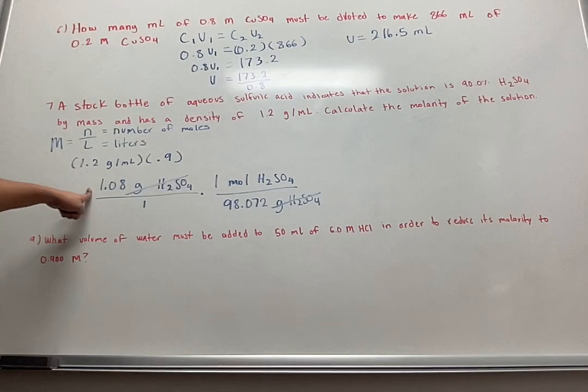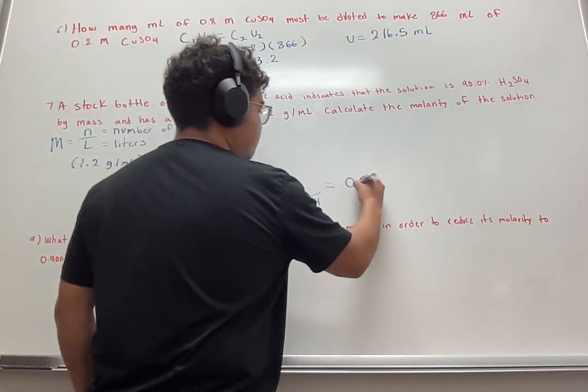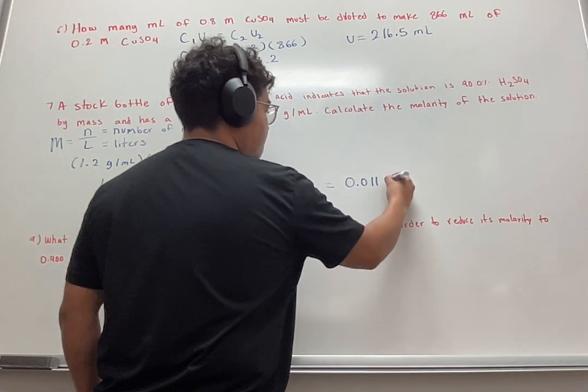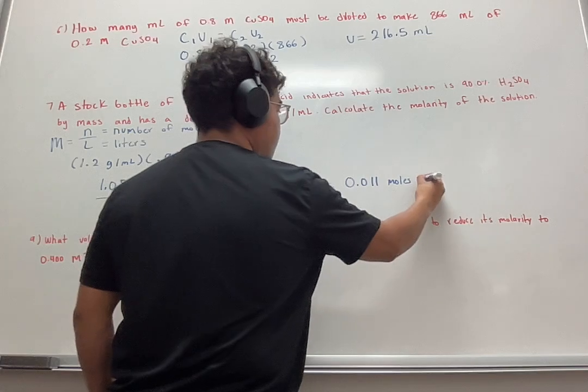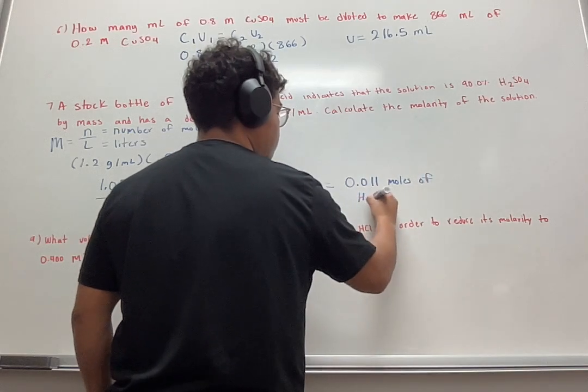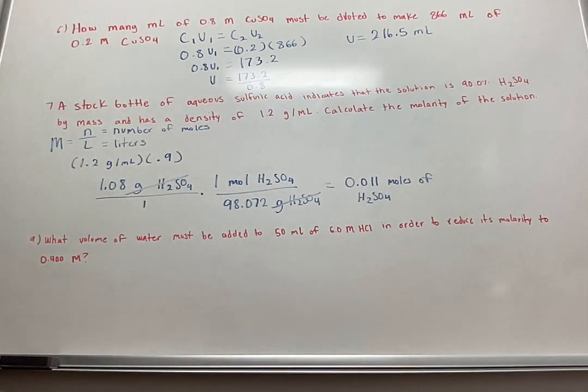If you do 1.08 divided by 98.072, you should get something like 0.011 moles of H2SO4. We're not done yet though, because remember, molarity, which is what they're asking for, is the number of moles divided by the liters.